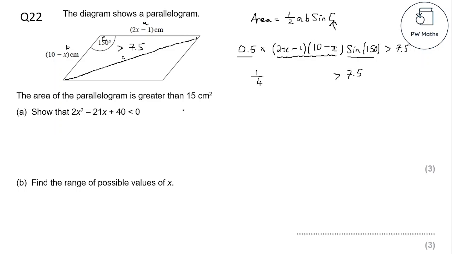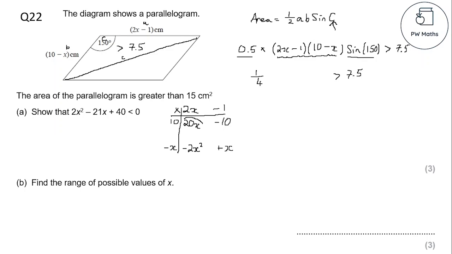Let's tidy up this thing, and this is the world's most strange grid. We've got 2x minus 1 times 10 minus x, and because the grid's written around the wrong way, it's really strange the way this adds up. 10 times 2x is 20x, 10 times 1 is 10, 2x times minus x is minus 2x squared, minus 1 times minus x is plus 1x, and have you spotted the deliberate mistake? 10 times minus 1 is minus 10.